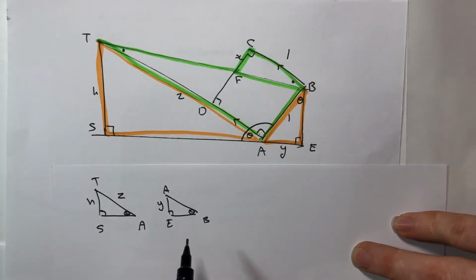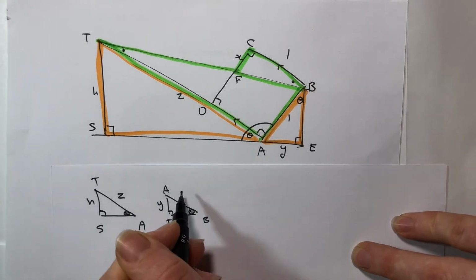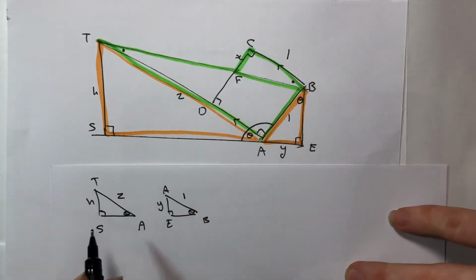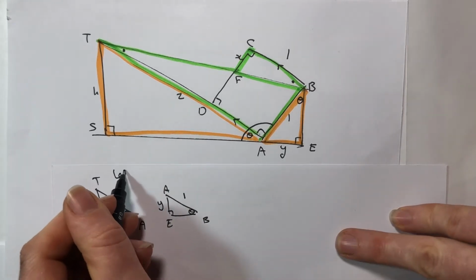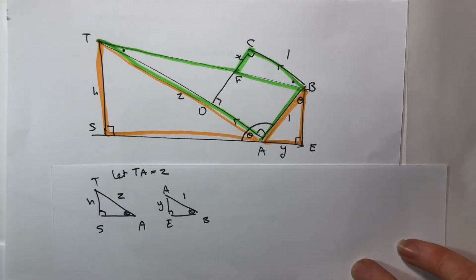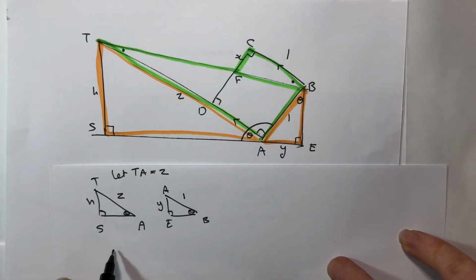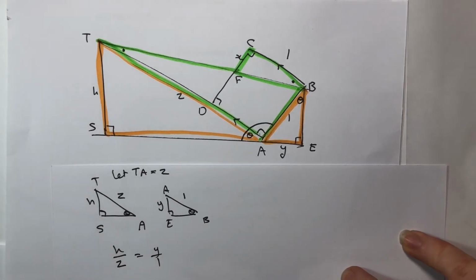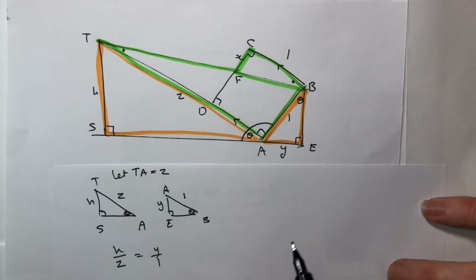AE is Y and EB was 1. Then I might have to say let TA equal Z because I created Z. Also keep making space for things. And I could say here that H on Z equals Y on 1. And I'll just leave that there for now because I'm not sure what I'll do with it next.